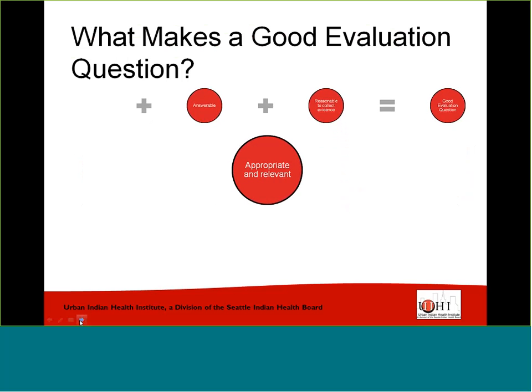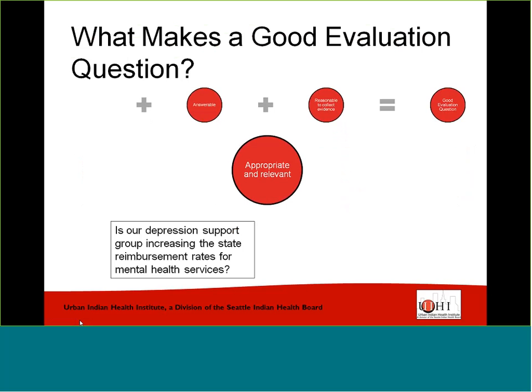Evaluation questions should be relevant to the expectation of stakeholders and domains in which the intervention or program can realistically hope to impact. Questions like, is our depression support group increasing the state reimbursement rates for mental health services are not appropriate or relevant because the depression support group cannot reasonably be expected to impact state policy.